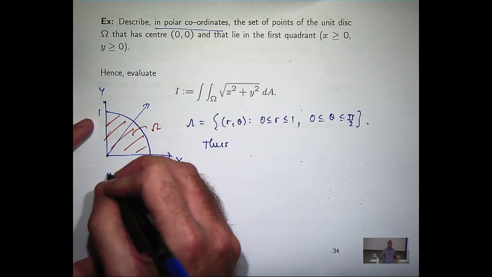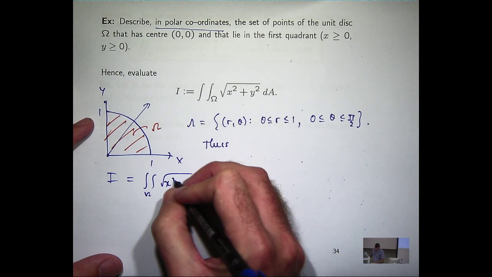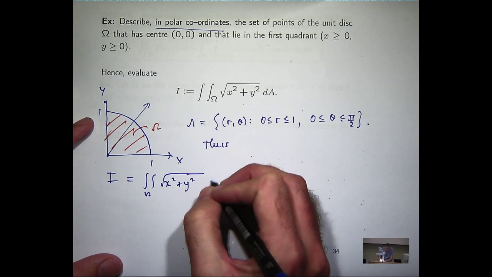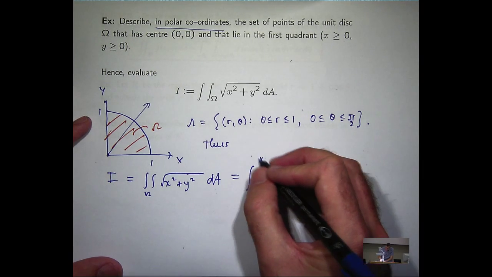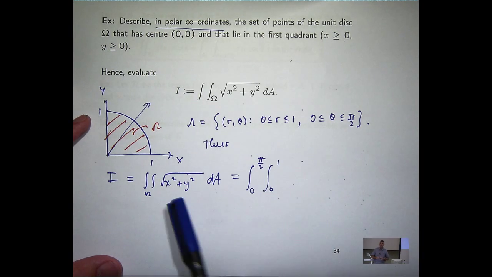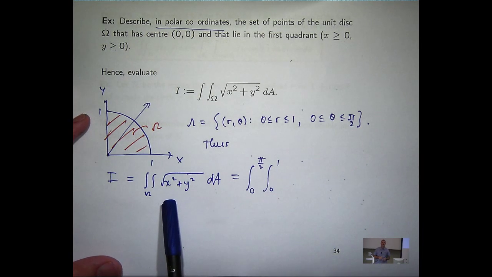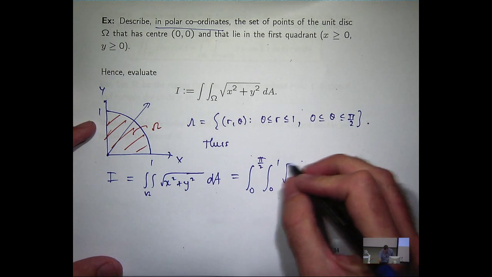Okay, so our integral, we'll make the change of variables in a second. So we're going to have this. Now we replace x with r cos theta. We replace y with r sine theta.